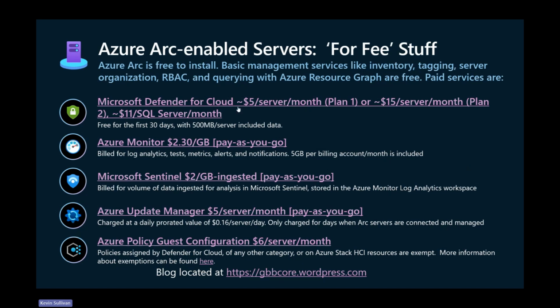As you can see here, I've got this slide, and there are essentially five things. If you take away what I can do, these are primarily what most people do. They'll do one or a few or sometimes all of these for their Arc-enabled servers. Also notice, and I'll keep coming back to this, that the whole point of Arc is to make non-Azure servers look like native Azure things.